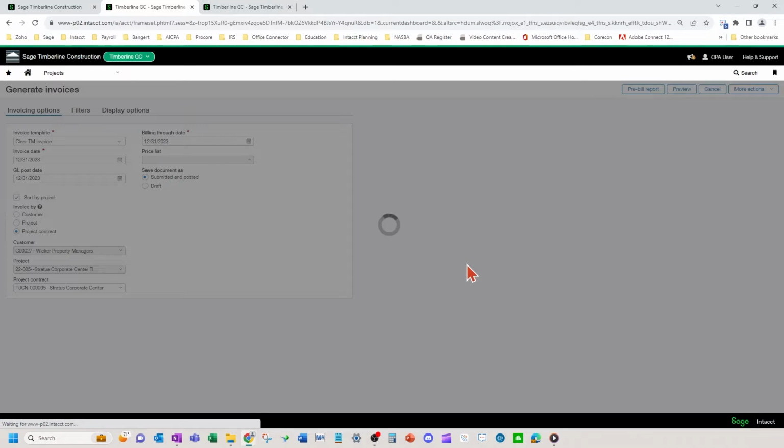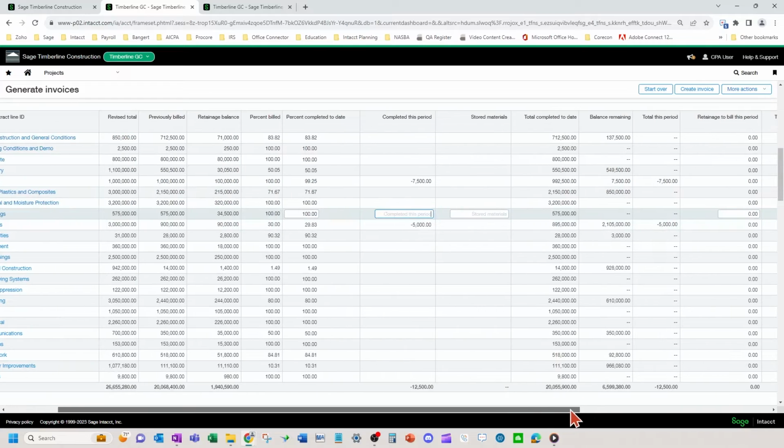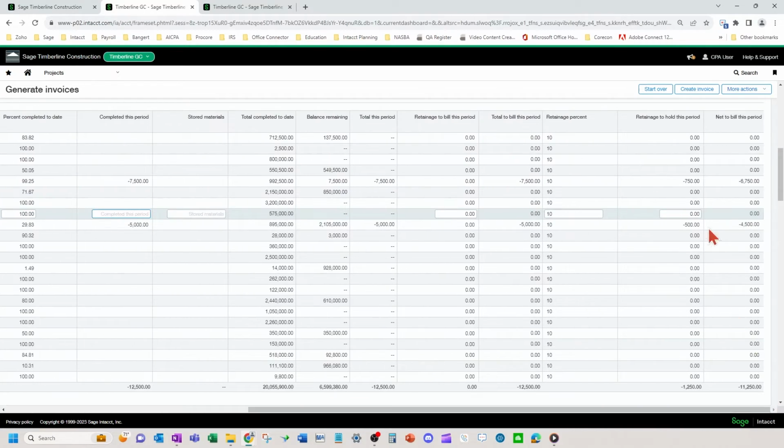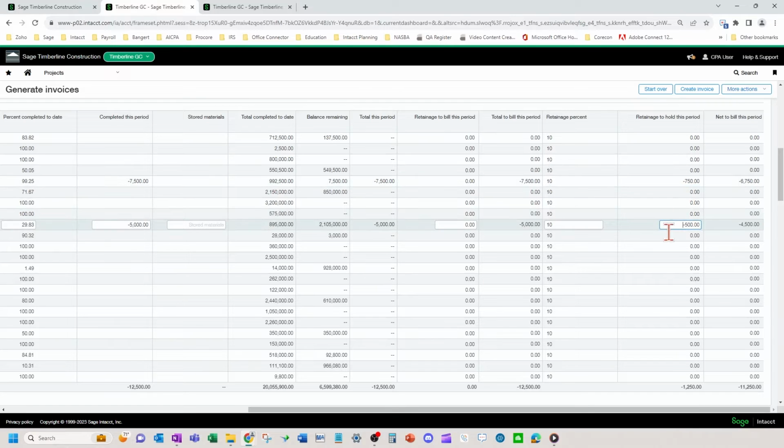And instead of positive amounts on the progress billing, you would enter in negative amounts here, for example. Okay. Then the retainage is also going to do its percent negative retained adjustment.